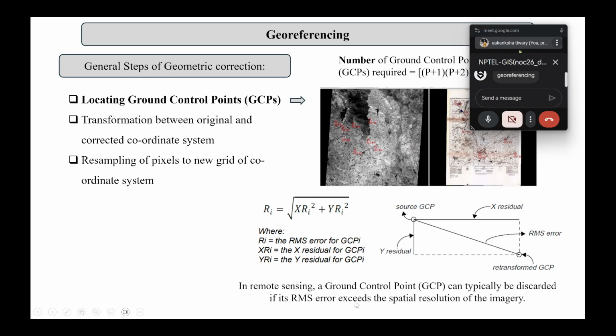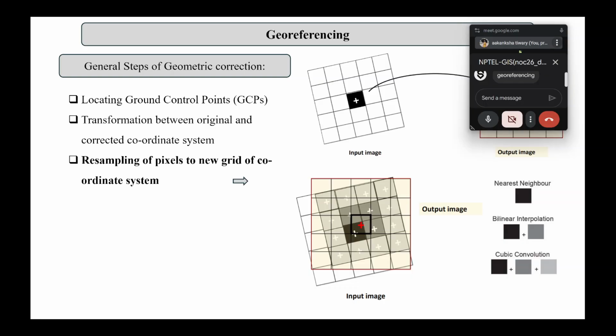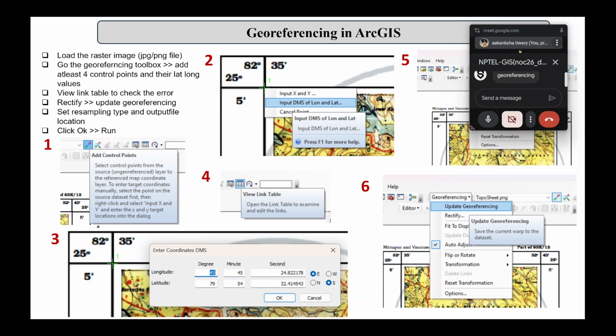If the RMS error exceeds the spatial resolution, then you will discard that ground control point. So you look at some ground control points, then transform, and then resample to the new grid. This is what we do in georeferencing, and I hope you know it well and have practiced on your own how to do georeferencing in ArcGIS and QGIS.